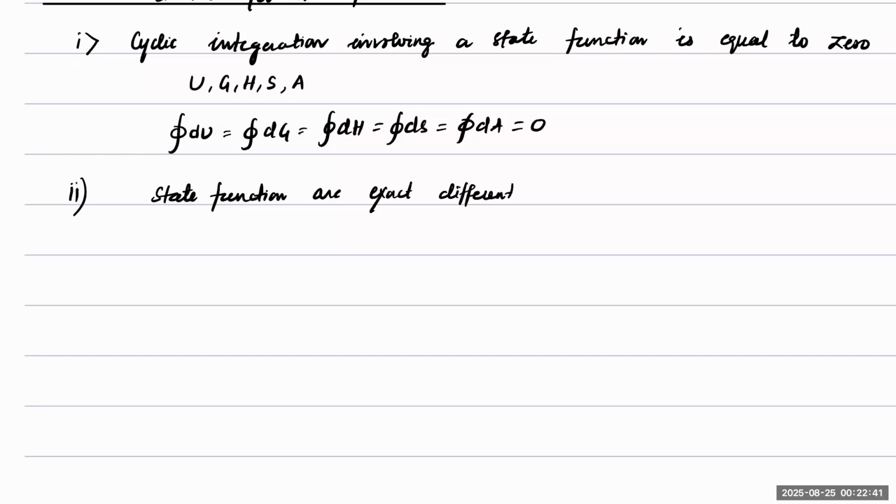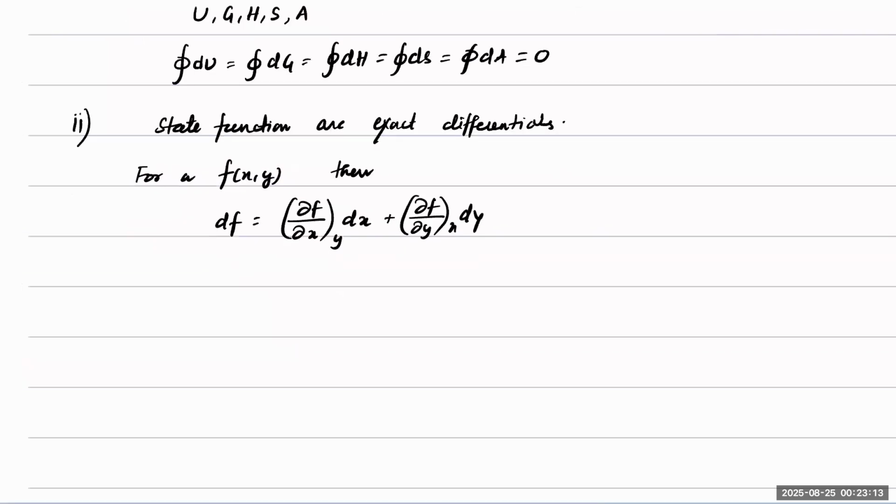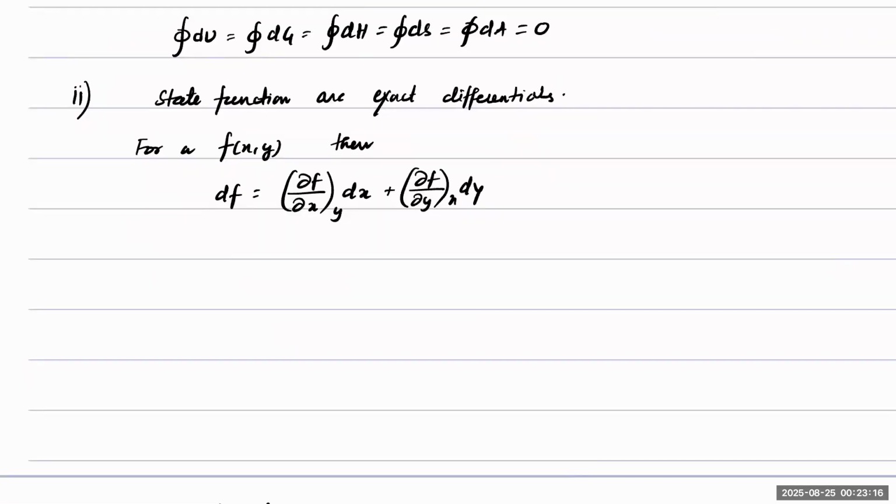Exact differential means, suppose for a function f which depends on variables x and y, then any change in that function can be attributed as df equals dou f by dou x at constant y into dx, plus dou f by dou y at constant x into dy. This is called exact differential. Let me show you with an example.